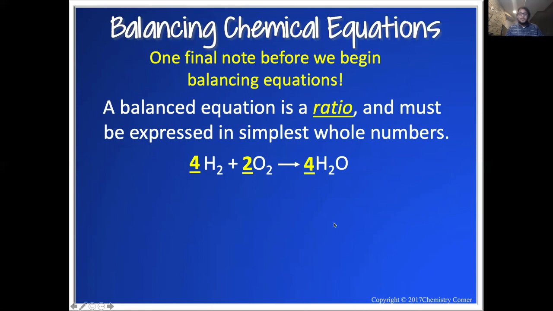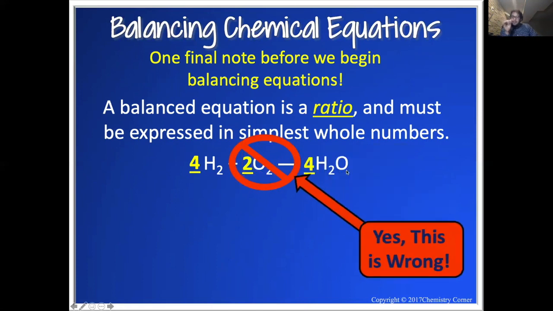Look, check it out: 4 times 2, I've got 8 hydrogens on the left, and over here, 4 times 2, I've got 8 hydrogens on the right. The hydrogens are good. And then you might say, I've got 2 times 2, 4 oxygens on the left, and 4 times 1, 4 oxygens on the right. So this must be good. I'm done, right? But your answer would actually be completely wrong.